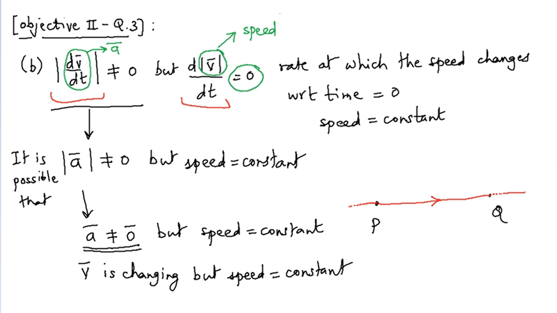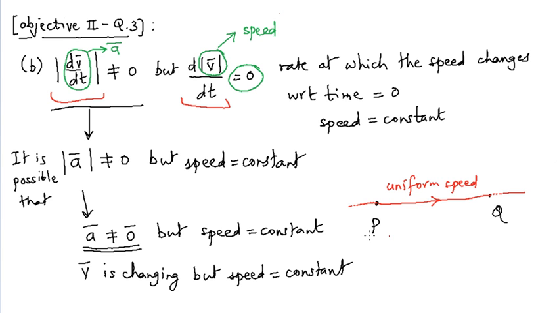Now if the particle travels with a uniform speed during the journey from P to Q, and the particle never ever changes its direction, it simply goes towards the right continuously, that would be a case where the speed is uniform and the velocity also doesn't change. So this is of course not the example that we are trying to look for.